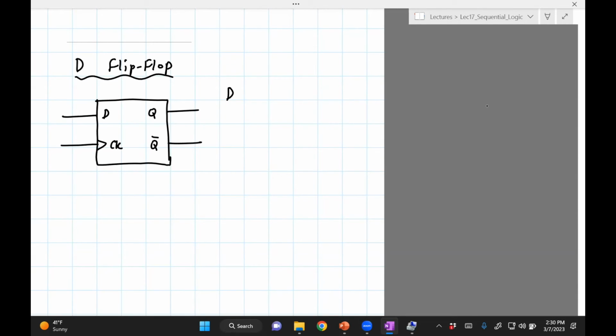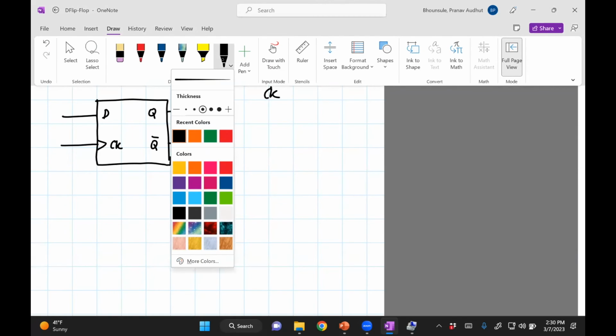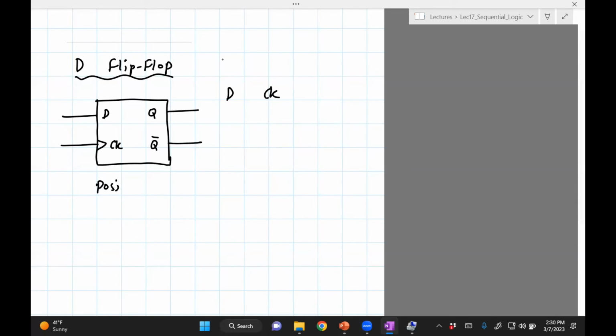Okay, so D, CK, and we know that this is a positive edge trigger because we don't have the hollow circle in front of the CK. So let's create the truth table from this.